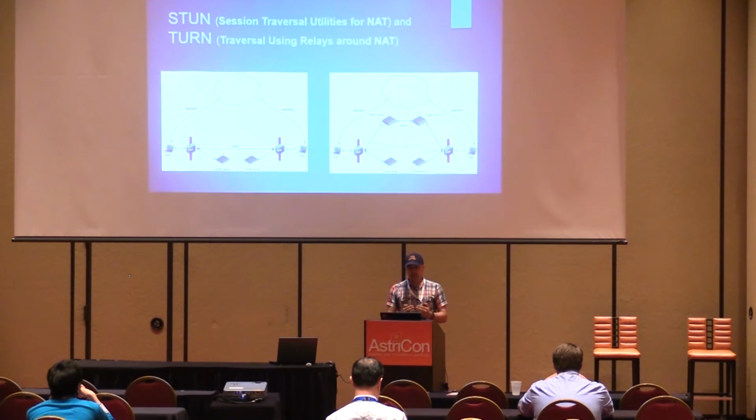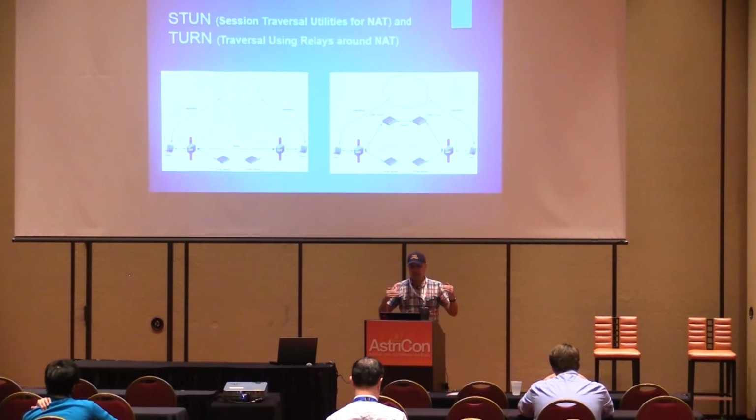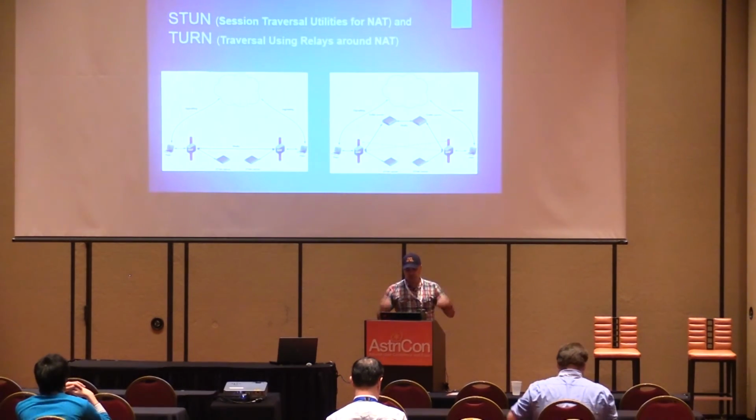They are always in the path to traverse the media through the firewalls for you. And ICE, which is a framework based on this, makes it much faster to establish the common candidate for 2 endpoints to talk to each other.